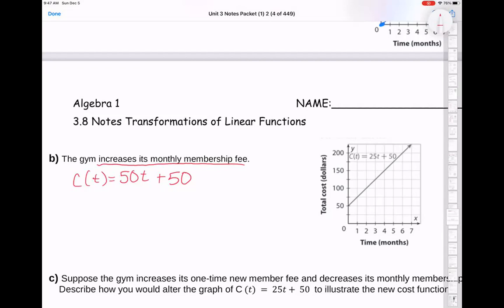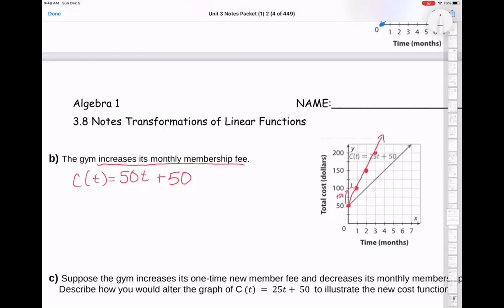And what that graph would look like is you're still starting off at that same y-intercept, right? But instead of up 25, you would have to go up $50 for every 1 month. Up 50 for another month, up 50 for another month. And so we start to see a line that does something like that.